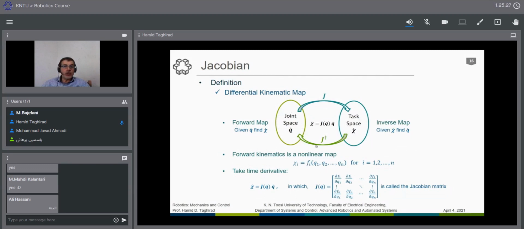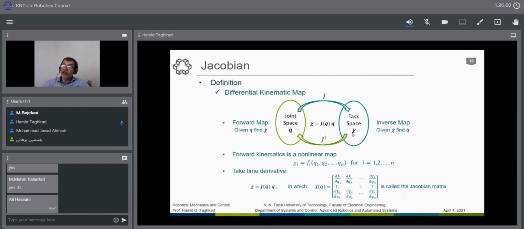If we go to the joint space and task space in differential variables, if we consider q dot and x dot or chi dot, a tuple of 6 by 1, you remember something that would give the position and orientation of the end effector here.